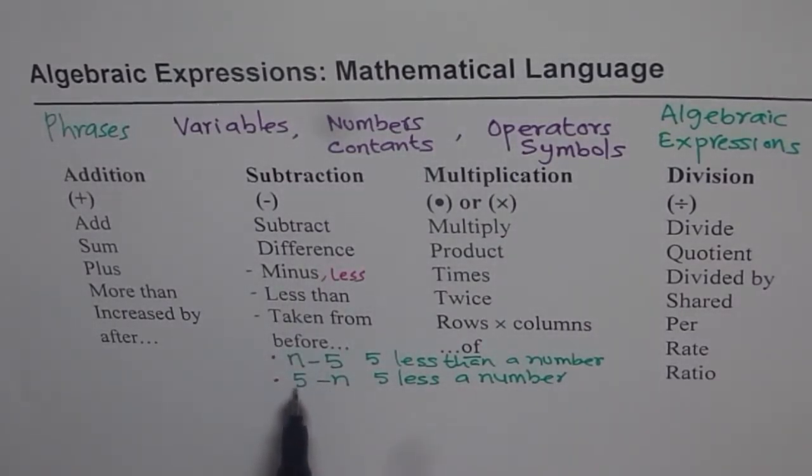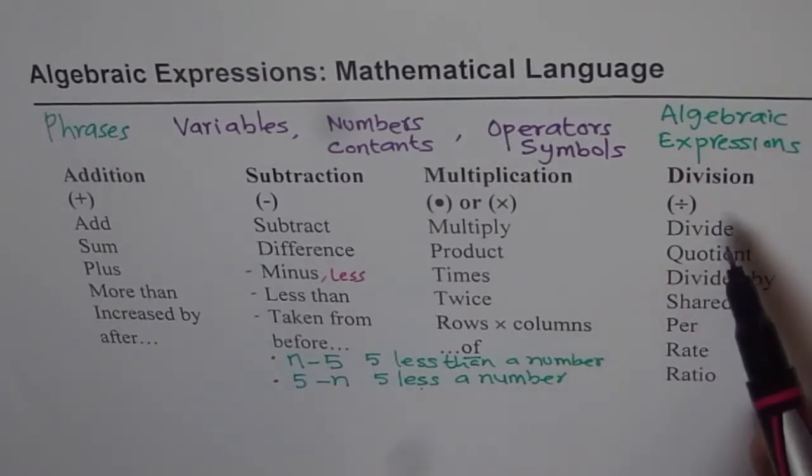From 5, 5 less a number, 5 minus a number. Do you see that? But if I use the word than, then you have to do the reverse. You have to write the number first. 5 less than a number, so the number is bigger, right? You write that number first, n minus 5. That one is kind of critical, which I think you need to review.